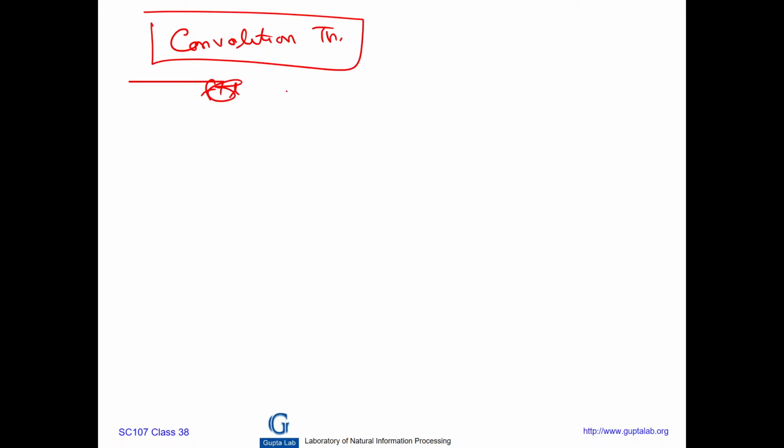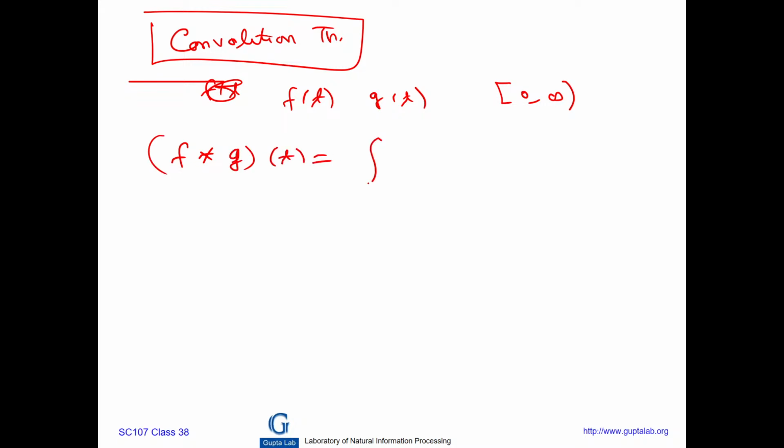Suppose f of t and g of t are functions defined on 0 to infinity, then the convolution of two functions is defined as the integral from 0 to t of f of tau g of t minus tau d tau, where t is non-negative. This is the convolution of two functions f and g. It has many physical meanings actually, but I am not going to touch on that now. You can look at it if you want.